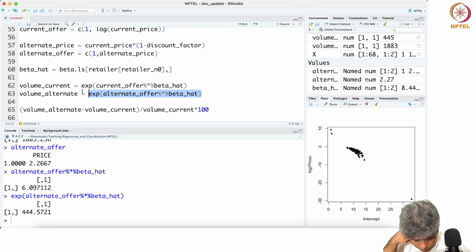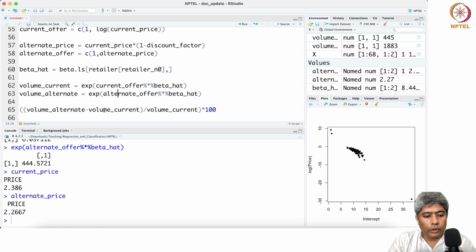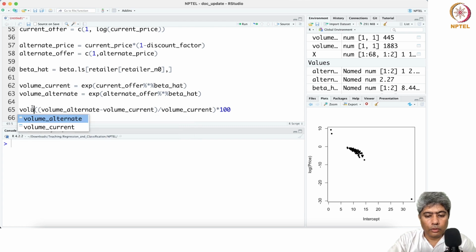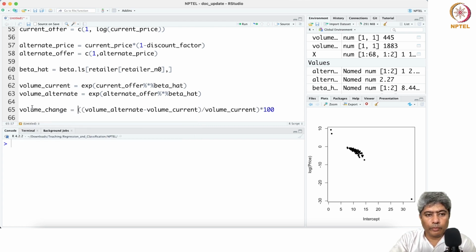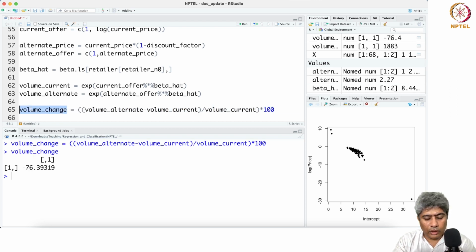Volume minus volume current. Okay. So let me just take this volume change. Maybe there will be a serious drop in the volume. I think that we can take it at face value.